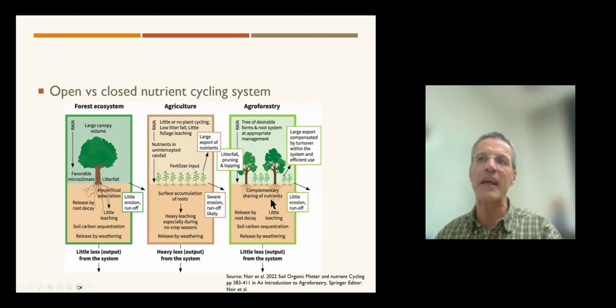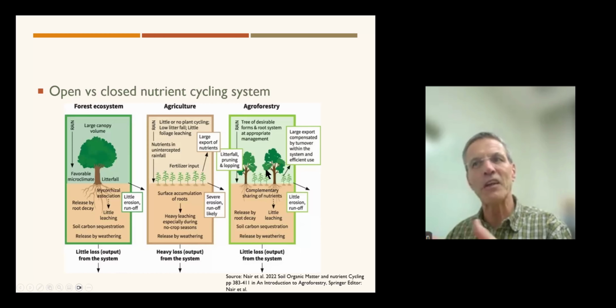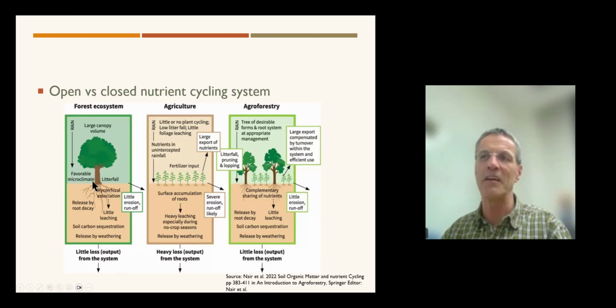The idea in an agroforestry system is to bring those benefits out of the forest ecosystem into an agricultural system and have the best of both worlds, where the nutrients are conserved and recycled, giving a more closed system. It won't be perfect like a forest ecosystem, but at least we can use a lot of the principles here and hopefully recycle as many nutrients as possible.